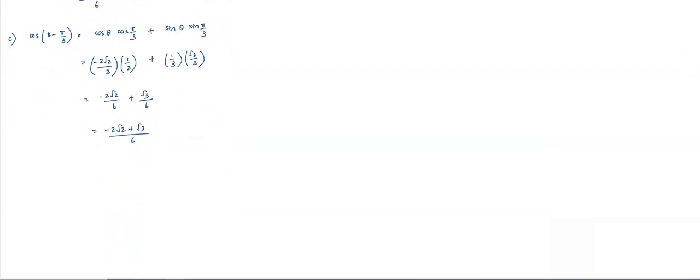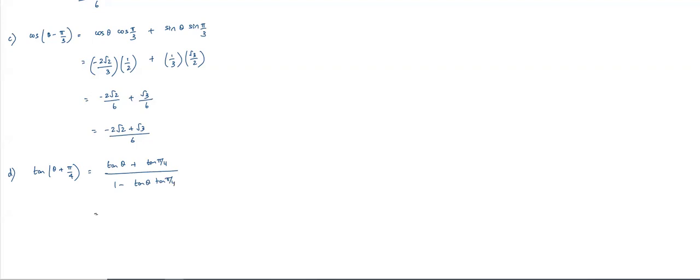The last part of this question is tangent of theta plus pi over 4. So use the tangent sum formula, tan A plus tan B over 1 minus tan A tan B. So what was tan theta?